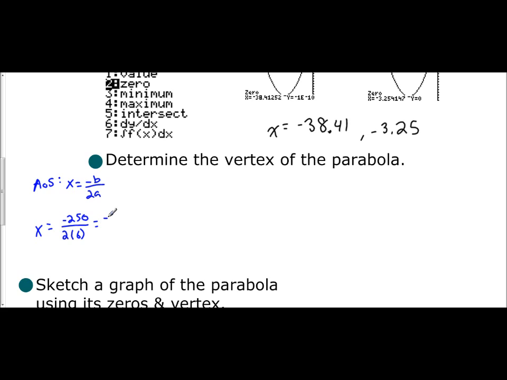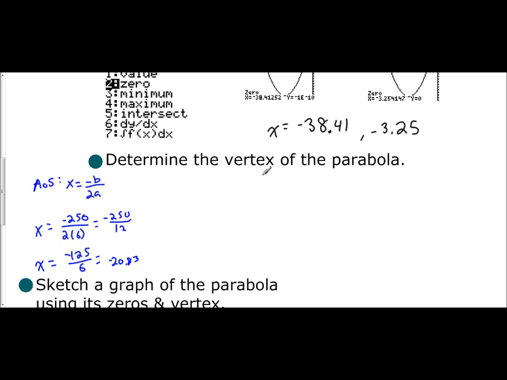So we have negative 250 over 12. And so we have x equals, if you were to simplify it, negative 125 over 6, which is approximately negative 20.83.